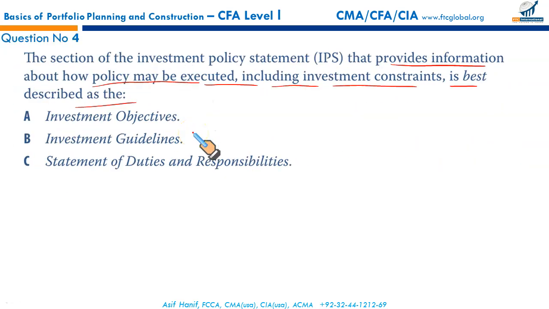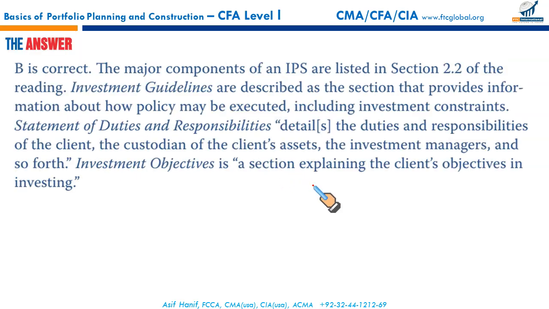B. Why not A? Because the investment objective section explains the client's objectives in investing, and the statement of duties and responsibilities contains duties and responsibilities of the client, the custodian of the client's assets, and the investment managers, and so on and so forth. So that makes B the correct option.